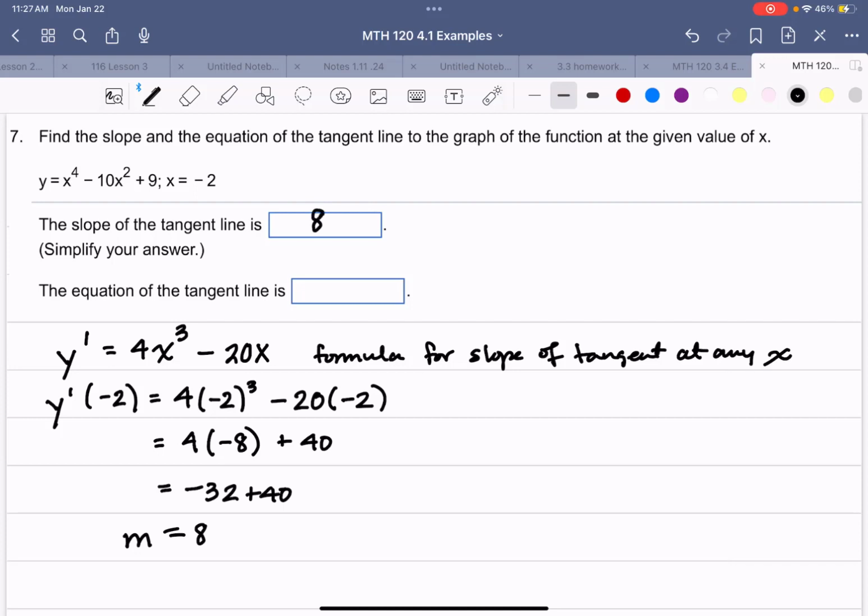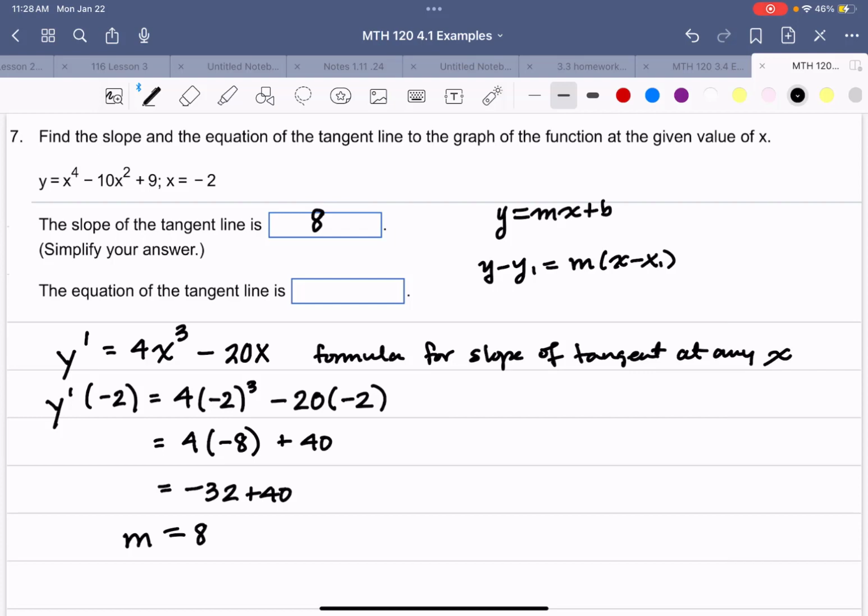Now to find the equation of the tangent line, remember we have two choices, y equals mx plus b, or y minus y1 equals m times x minus x1, and they don't specify here, so my math lab should accept either, and I would accept either on a test unless I specify y equals. So using that first formula, y equals 8, and now I have a problem.